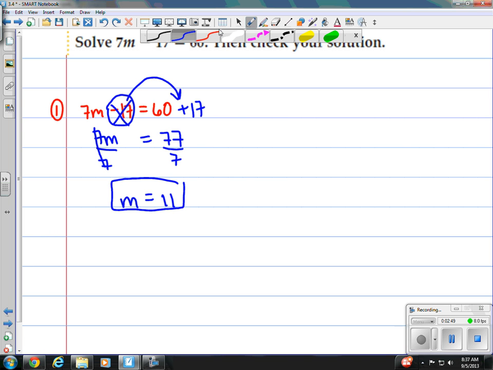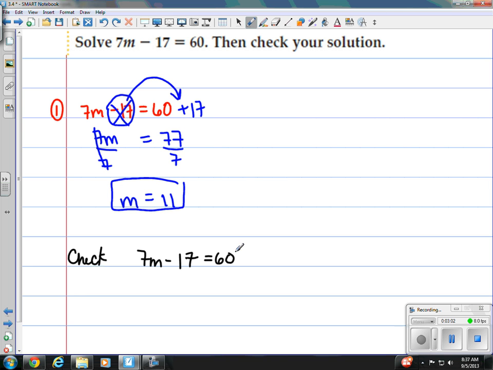Now, for the check. Once again, we always want to go back up to the original. 7m minus 17 equals 60. So you always go back to the original. And we say m is now 11.